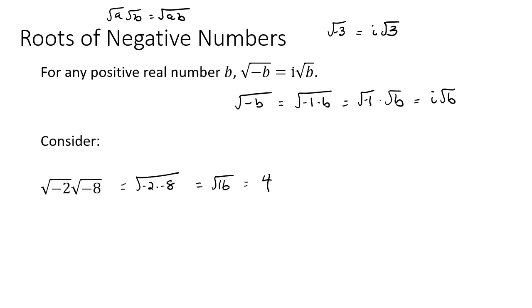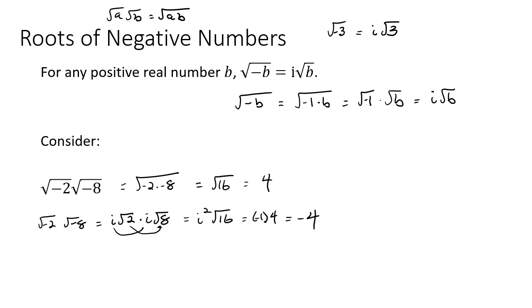The other way that we could handle this problem is by applying this property up here first and pulling the i's out. So the square root of negative 2 times the square root of negative 8 would be equal to i square root of 2 times i square root of 8, which if you multiply that together would give you i squared times the square root of 16, which would give you negative 1 times 4, or negative 4.